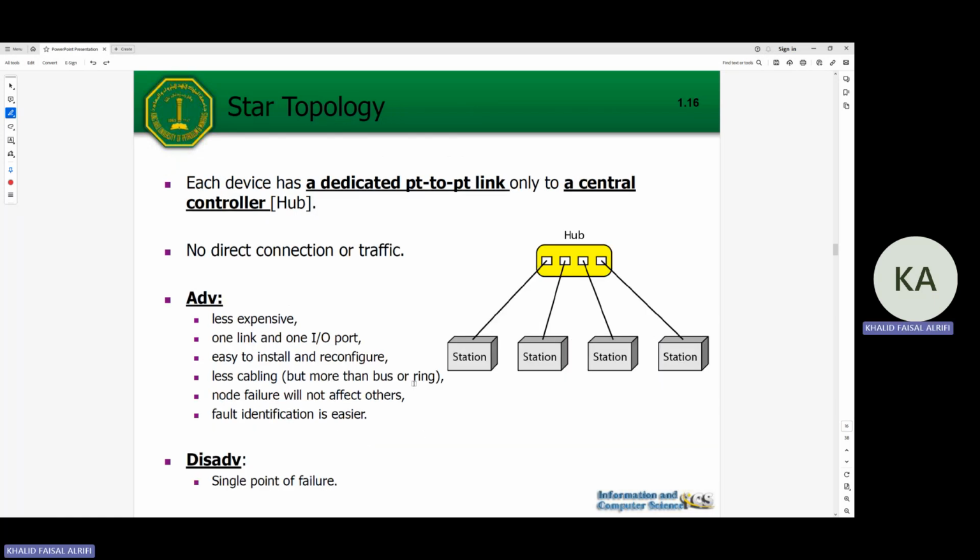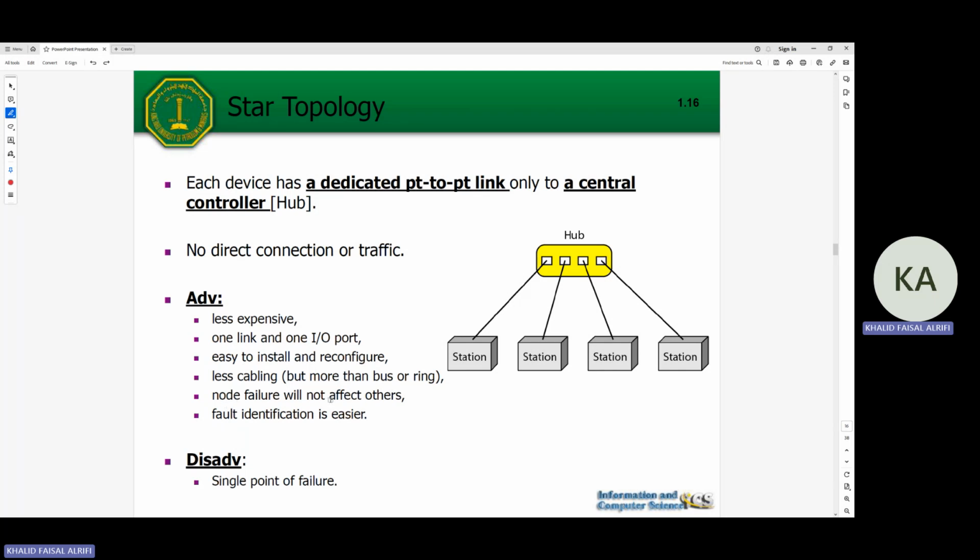The star topology: each device has a dedicated point-to-point link to a central controller, which is the hub. No direct connection or traffic. So as I said, no station can send to another station directly. It has to communicate via the hub. Advantages, of course: less expensive, one link and one I/O port, easy to install and reconfigure, less cabling, but more than bus or ring.